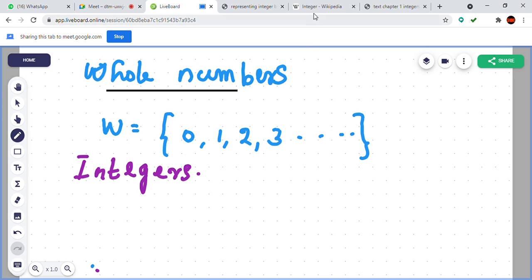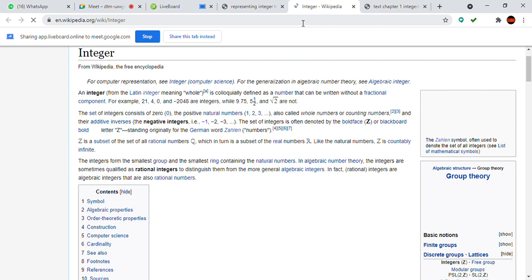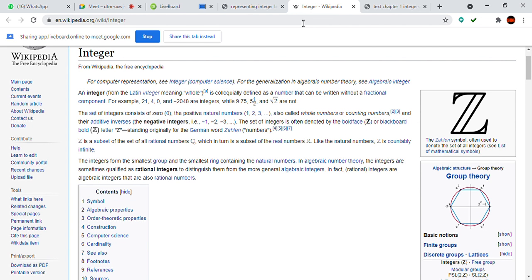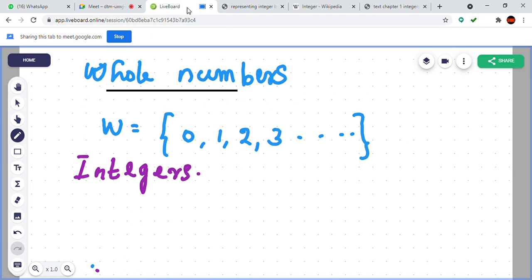Miss, can you say once more? Integers are a collection of all positive numbers, negative numbers and 0.